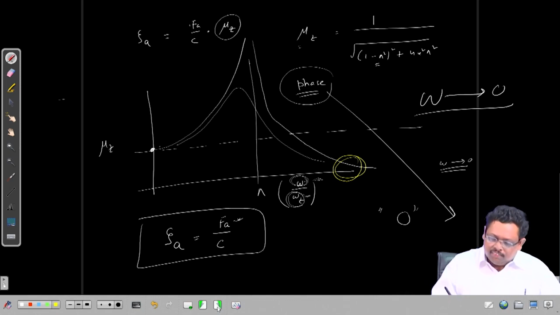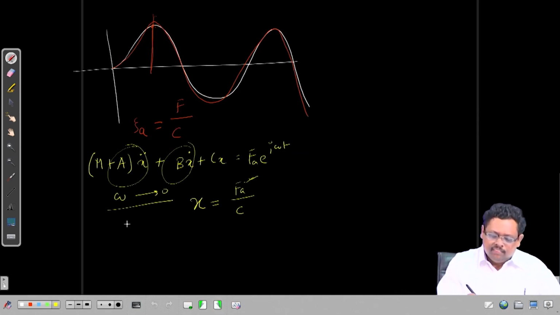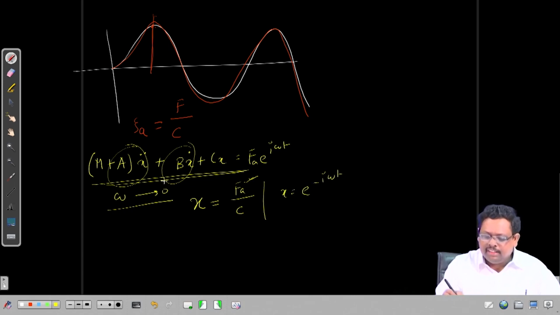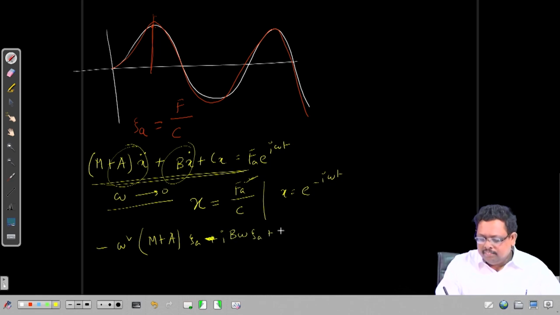And from here you can see in this equation, if you write x equal to e to the power minus i omega t and apply it, what you get is minus omega square into (m plus a) xi a, minus i b omega xi a, plus c xi a, is equal to f a.